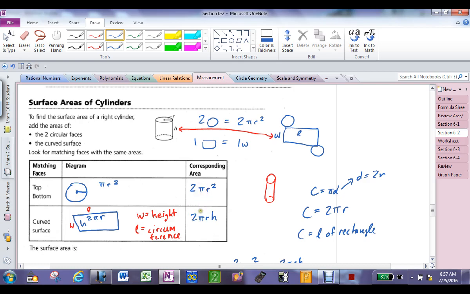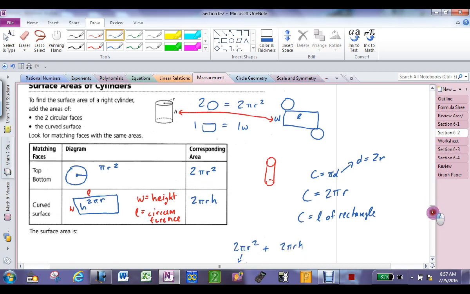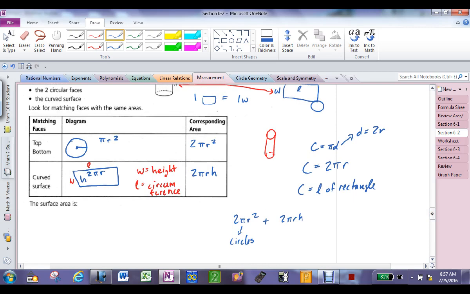And then what do you do with those two numbers? You're going to add them together. So the formula becomes 2 pi r squared plus 2 pi r h. Good? Again, difficult to punch into your calculator in one shot.